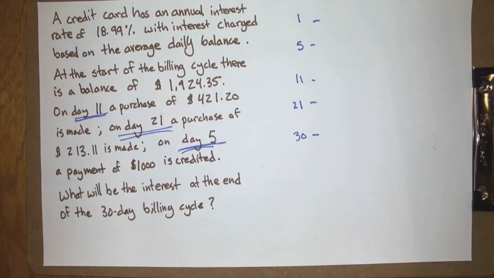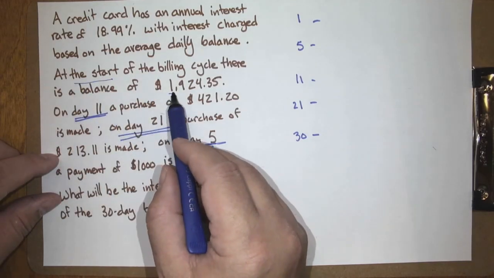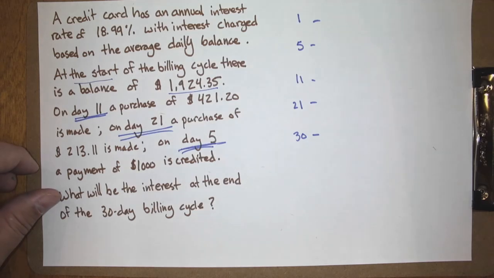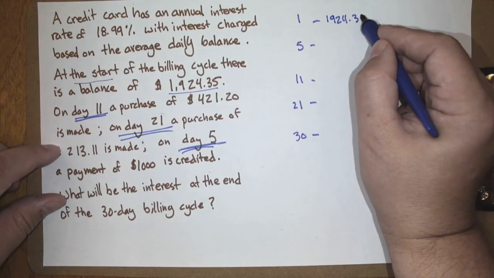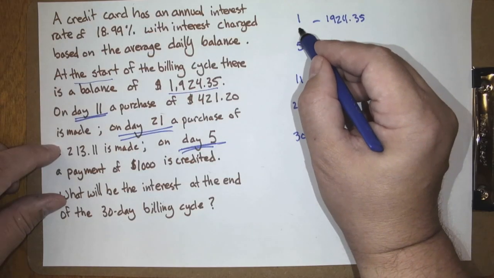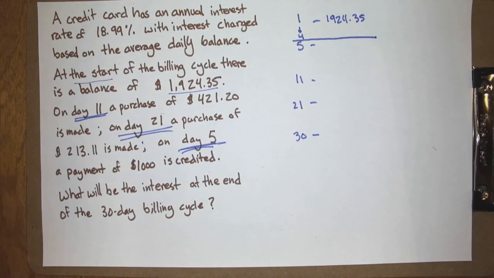Now what I want to know is what is happening to your balance on these days. On day 1, how much is there? At the start, you have the balance from last time, $1,924.35. And that's going to be true from day 1 up to day 4, because nothing's happening on those 4 days.